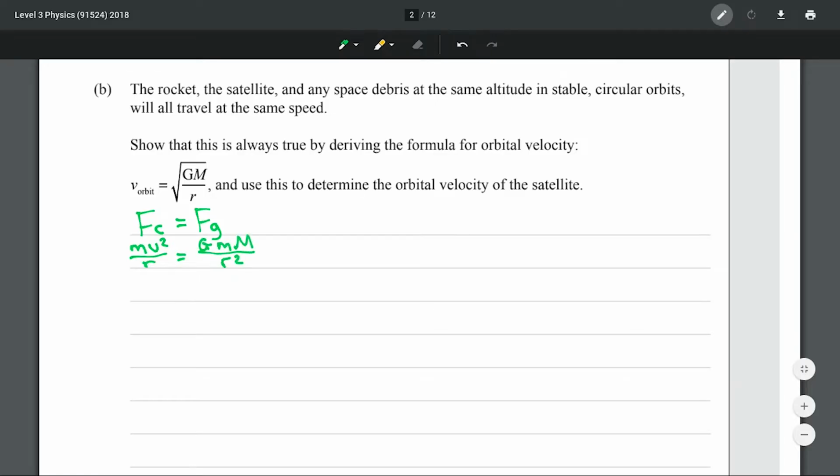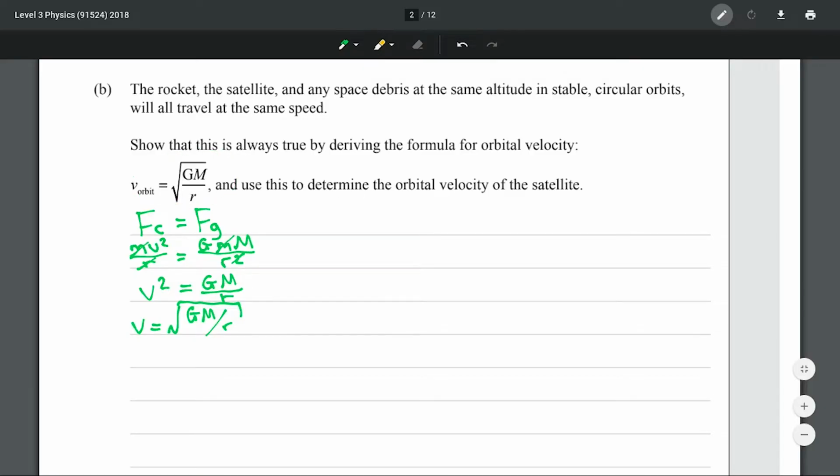We can now simplify this by dividing mass out and also multiplying both sides by r, which will cancel out the divide r here, and the square power there. And now we just need to square root both sides. And we've ended up with the equation that we want to find.